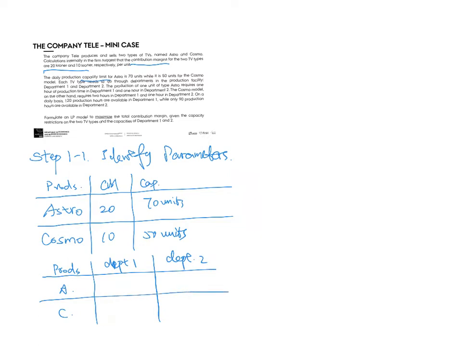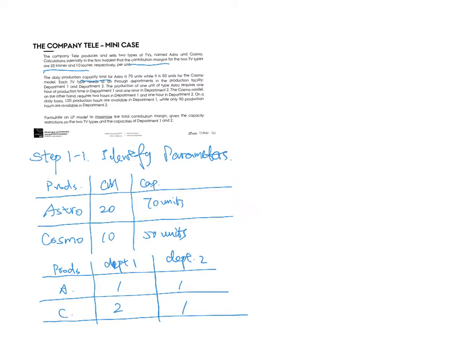This is actually two types of information. First is the production time consumption for each type of item. For Astor, it takes 1 hour in department 1 and 1 hour in department 2. For Cosma, it takes 2 hours in department 1 and 1 hour in department 2.